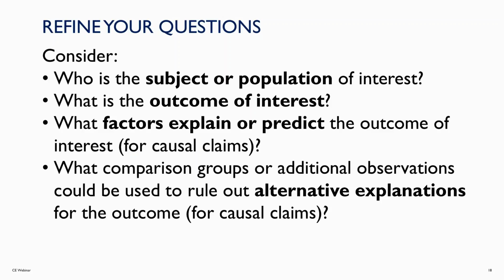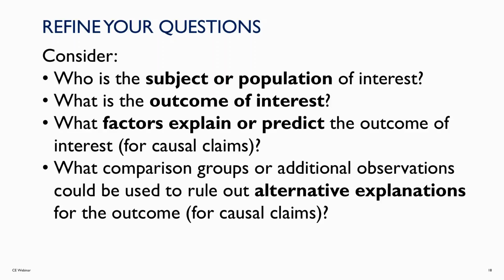Once you've narrowed down the list, you can start to refine and think about making these questions more specific and answerable. And it helps to be adding in the subject or population of interest into that question. Thinking about what is the outcome of interest that you have in mind for this question or this result that you're wondering about. And then what factors explain or predict the outcome of interest.